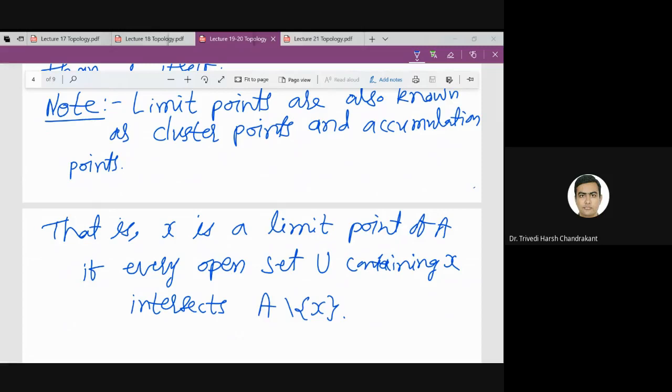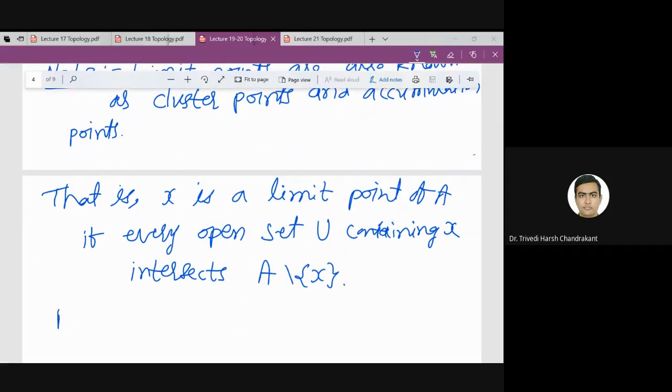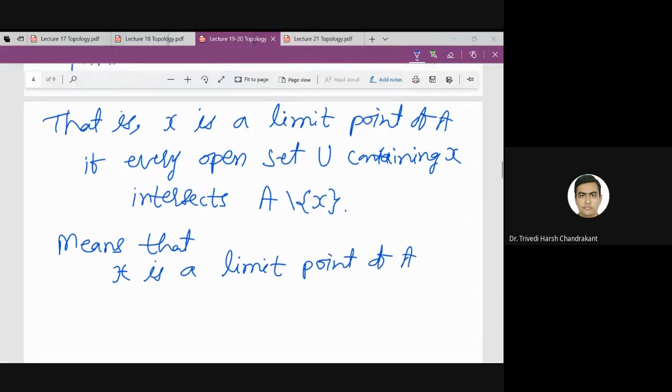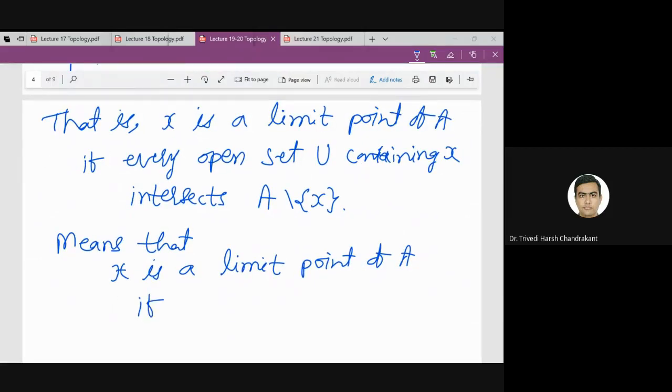And this means that X is a limit point of A if X belongs to the closure of A minus X. So if you recall the result that X belongs to the closure of some set if and only if every open set containing X intersects that set, then these two conditions are equivalent.